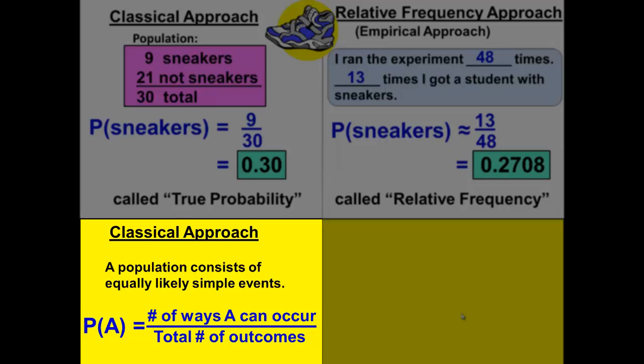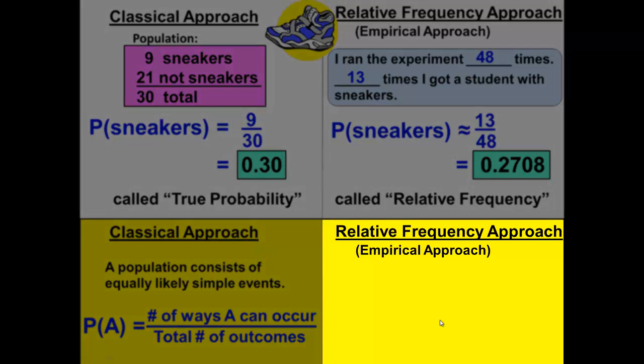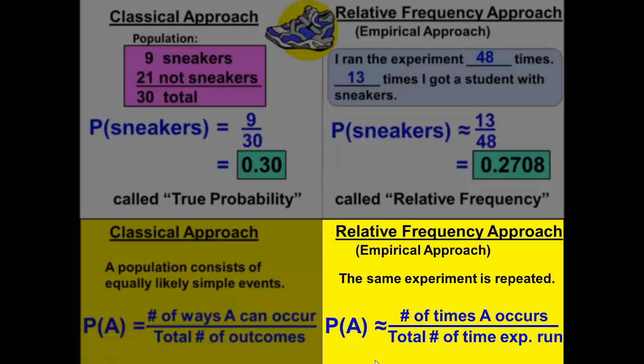The probability of A is equal to the number of ways A can occur divided by the total number of outcomes. In the relative frequency approach, or empirical approach, the same experiment is repeated, and the probability of A is the number of times A occurs divided by the total number of times the experiment is run.